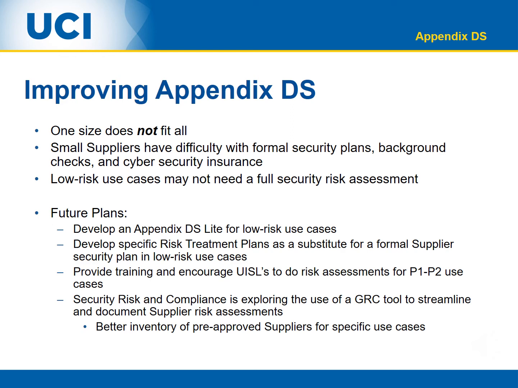We also want to delegate some authority to the campus UISL, so we'll be providing some training and we'll encourage them to do some of the low risk assessments in the units so they don't have to bubble up to security and potentially be part of that. And then we're also looking at purchasing a governance risk and compliance tool, a GRC tool, to help streamline supplier risk assessments and have better documentation.